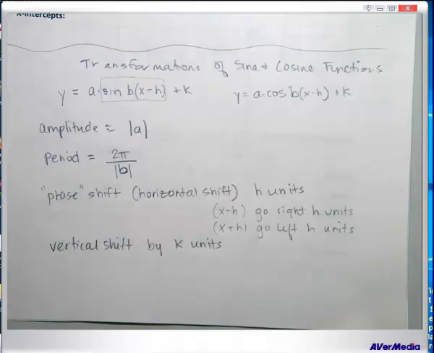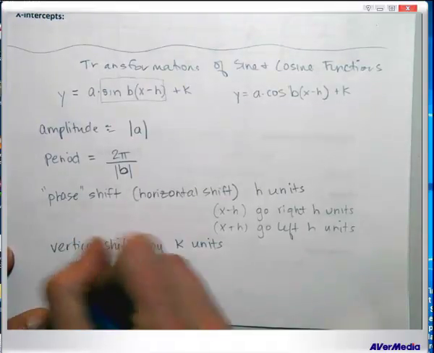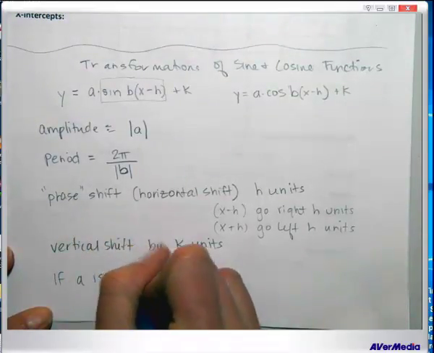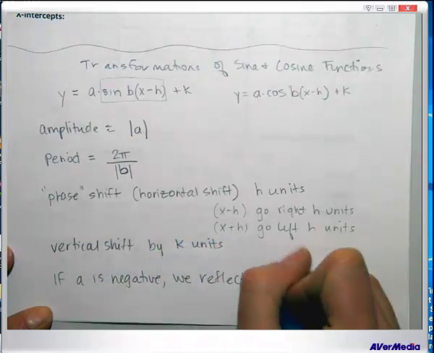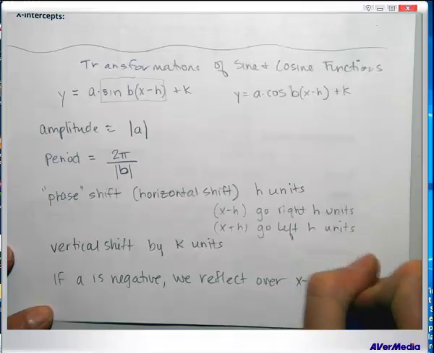And then the last thing, we mentioned it, let's write it down. If a is negative, we reflect over the x-axis.